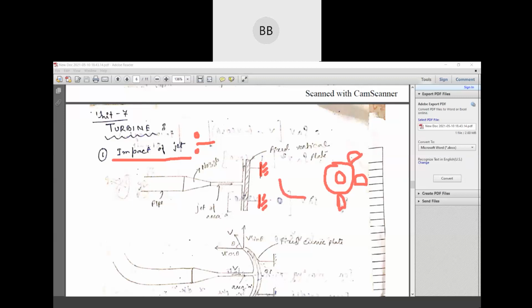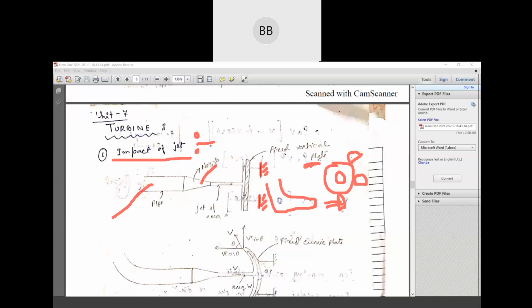After the jet of water comes out from the penstock, there is one nozzle. So this is our penstock pipe, this is our nozzle, and then this jet of water is going to strike the vane or you can say plate, okay? So there are various types of plate and vane, okay?